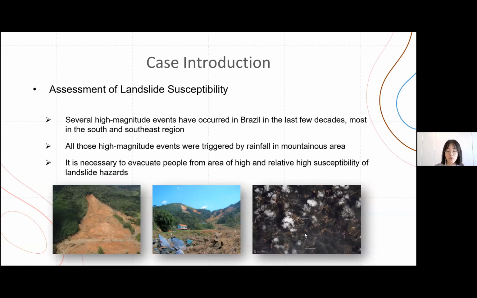Researchers have found that most landslides in the southeast region of Brazil were triggered by heavy rainfall, and such hazards could threaten the lives of people living in those mountain areas and also cause huge economic loss.